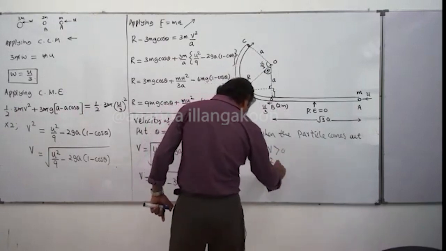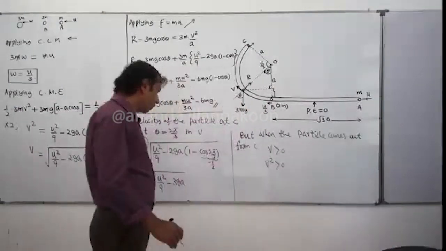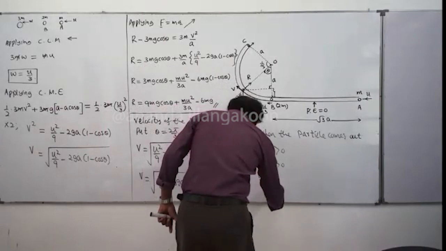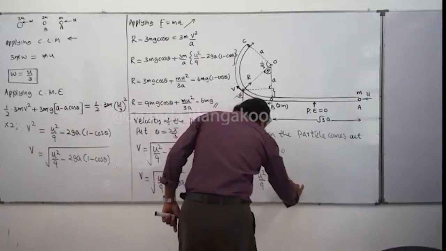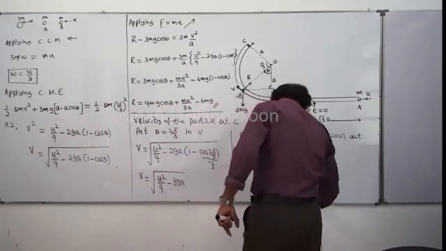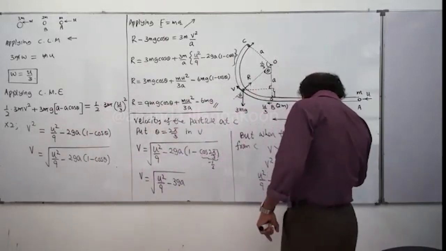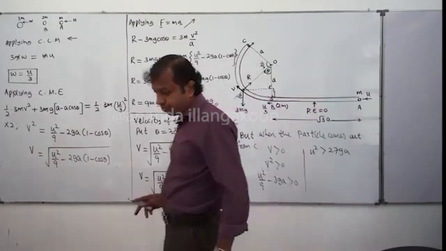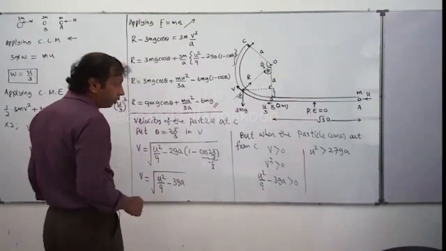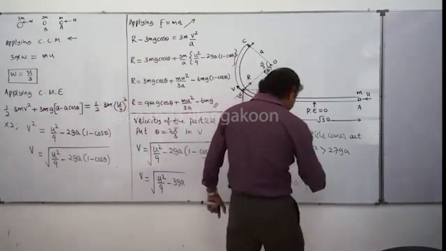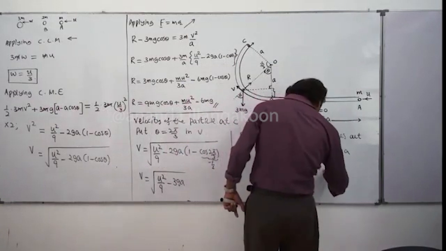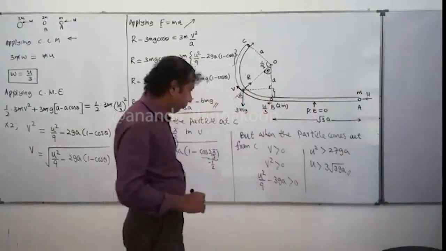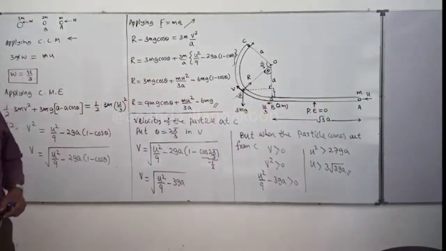That means v squared should be positive. v squared is going to be u squared by 9 minus 3ga, positive. So u squared is greater than 27ga. Then take the positive square root of this. 27 you can write as 9 into 3, so 3 root 3ga. That answer is also coming.